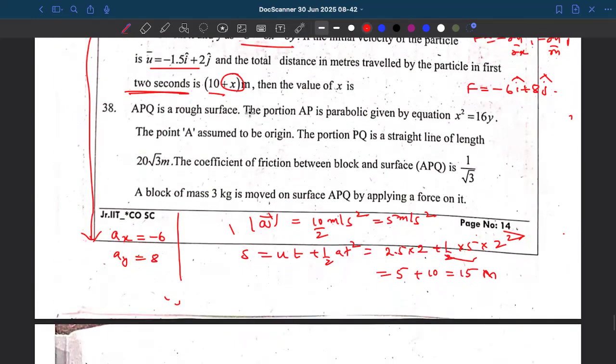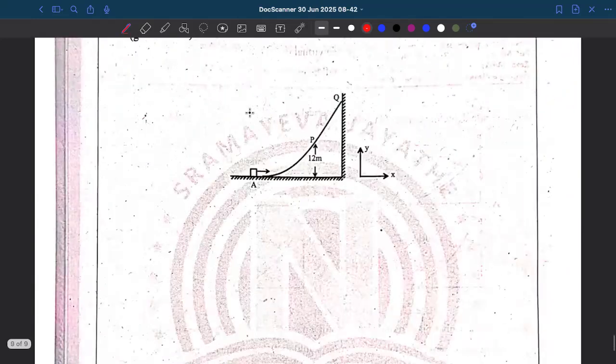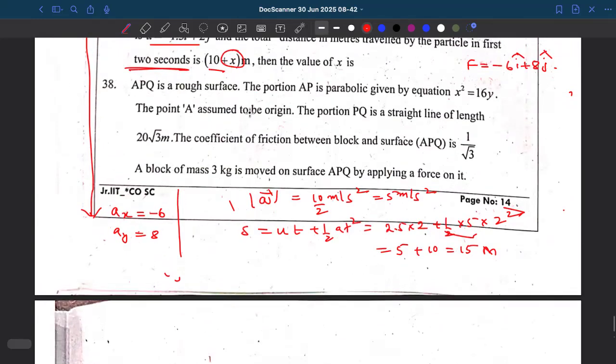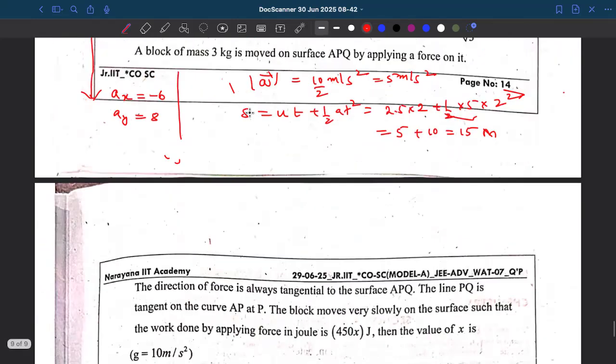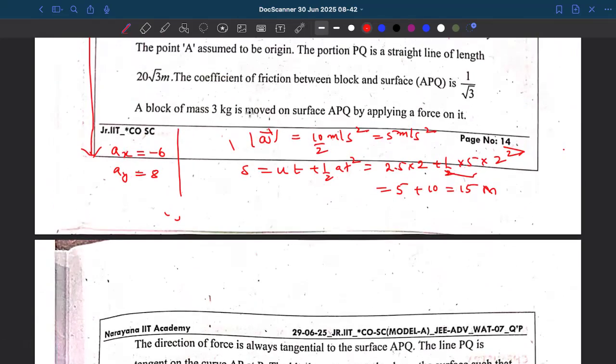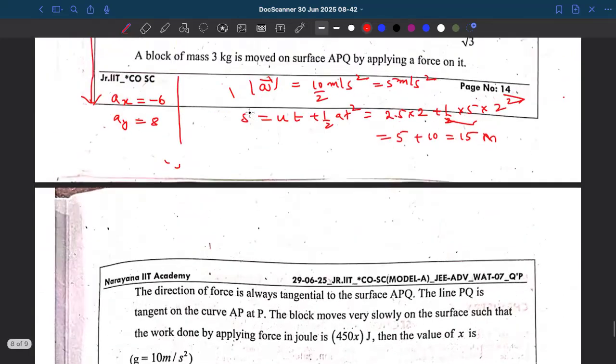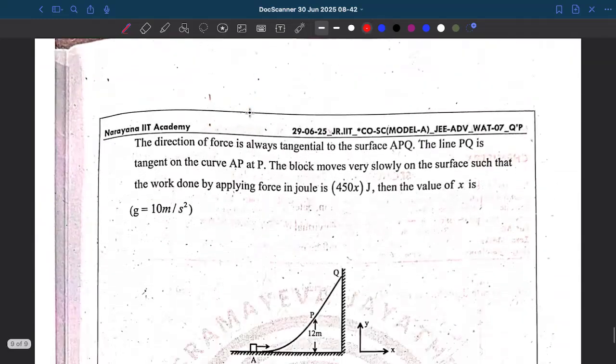APQ is a rough surface. The portion AP is parabolic. AP is parabolic. X square is equal to 16 by point A assumed to be origin. The portion PQ is straight line of length 20√3. Coefficient of friction along APQ is also given. Block of 3 kg is moved on the surface APQ by applying a force on it.